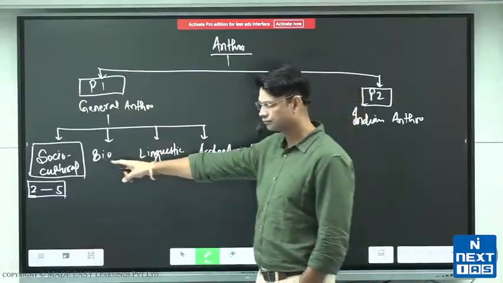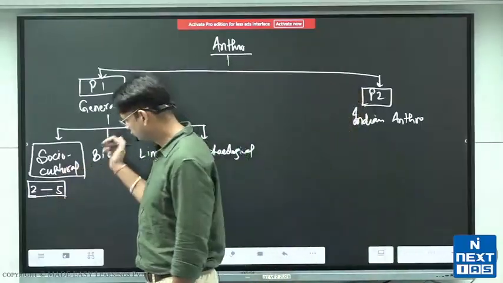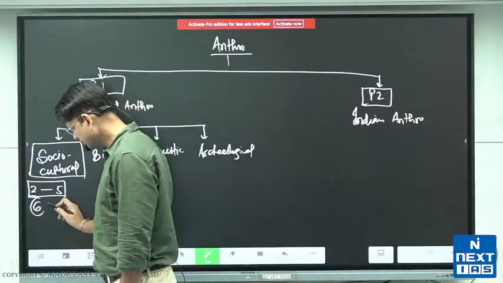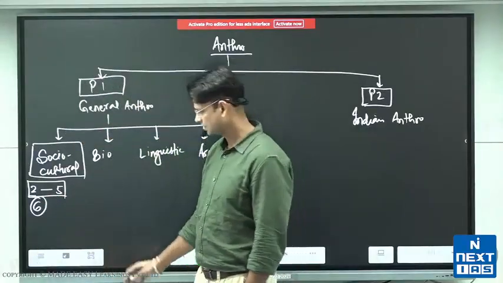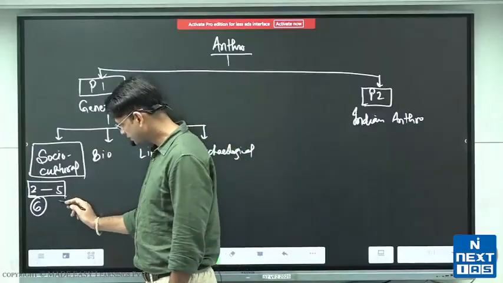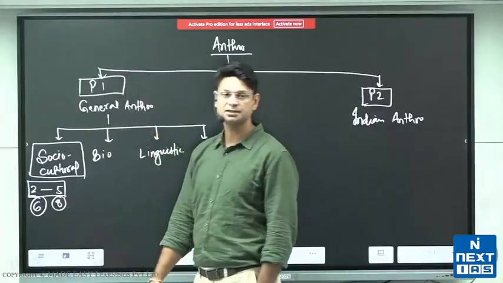These are parts of socio-cultural anthropology. Unit number 6 is anthropological theories, and unit number 8 is research method.